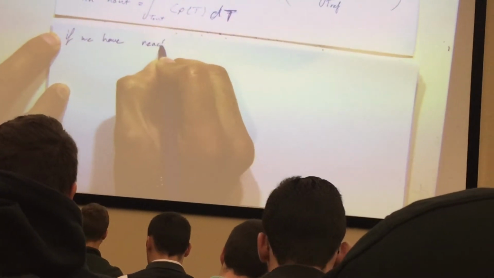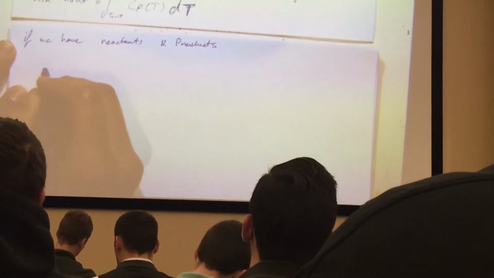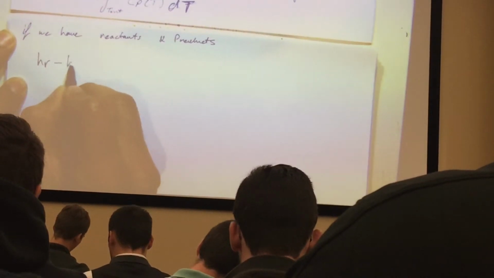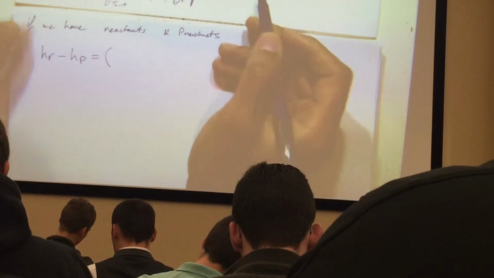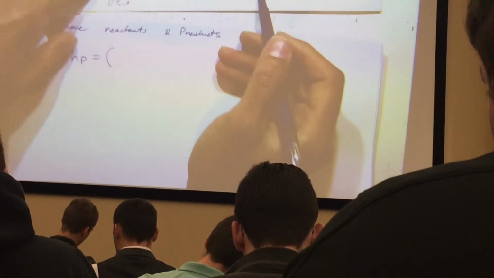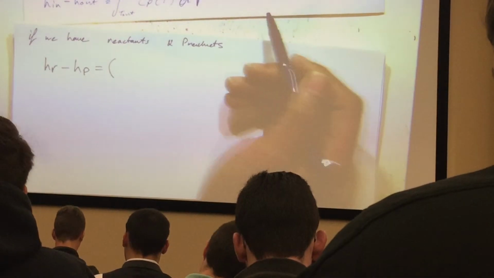So if we have reactants and products, what do we get? H reactants, that's my in, minus H products is going to equal, now the reference enthalpy for reactants is different than the reference enthalpy for products.